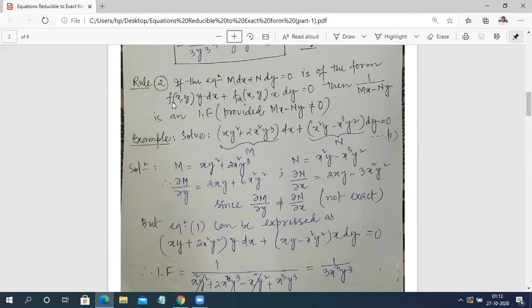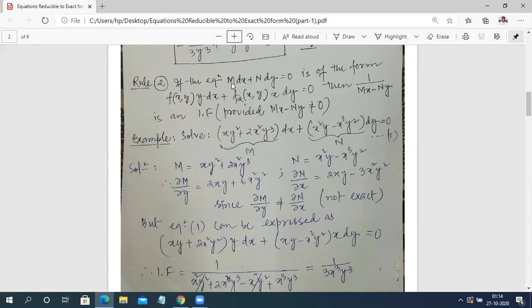So you can write it here f1(xy) into y dx plus f2(xy) into x dy is equal to 0. Then what will be the integrating factor? The integrating factor will be 1 upon Mx minus Ny, provided the denominator Mx minus Ny is not equal to 0.